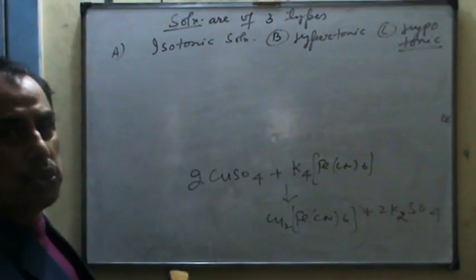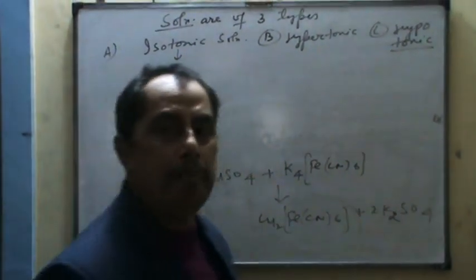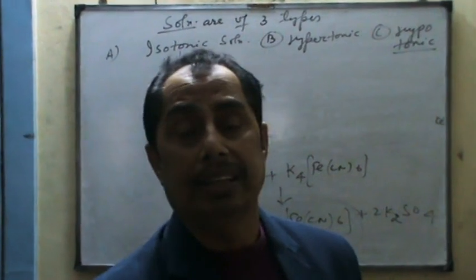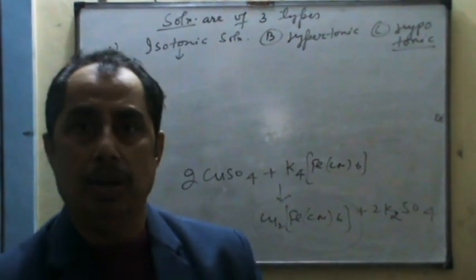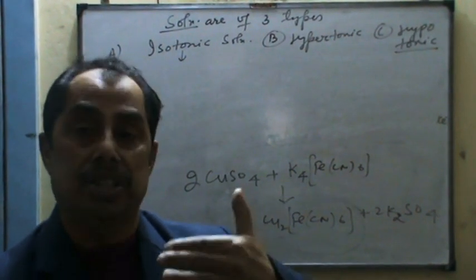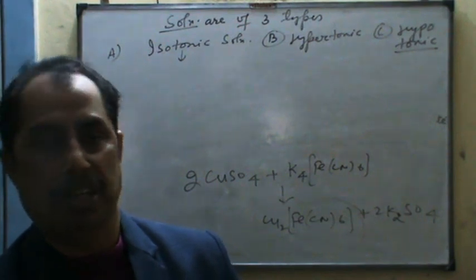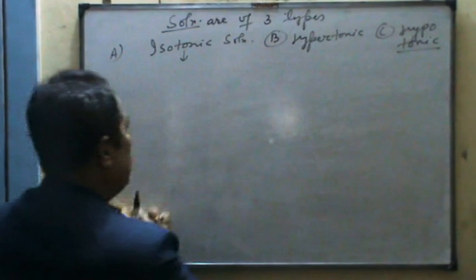As the meaning of isotonic, when the concentrations of the 2 substances remain the same, it is called isotonic. In that case, no osmosis takes place, because osmosis means the movement of solvent molecules from lower concentration to higher concentration.